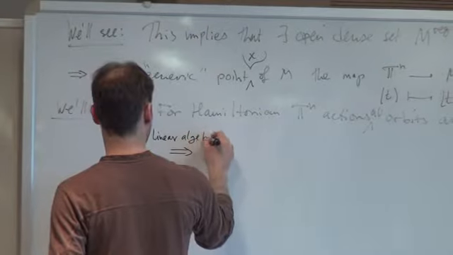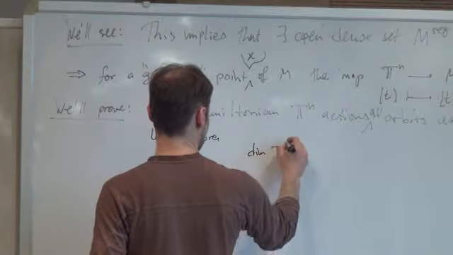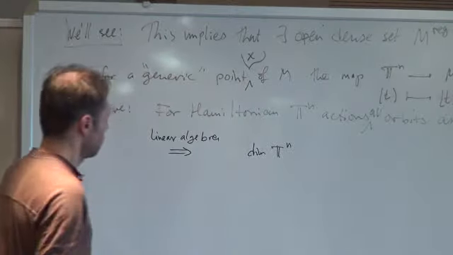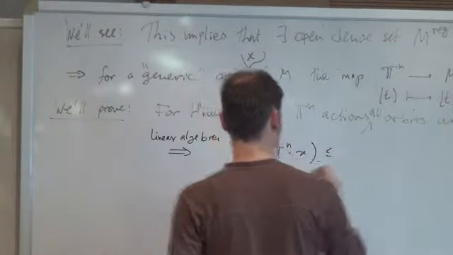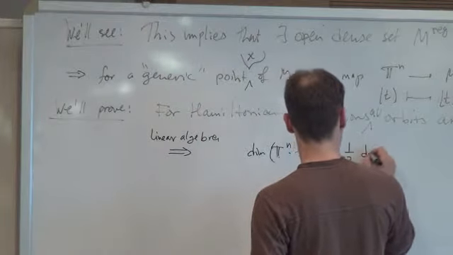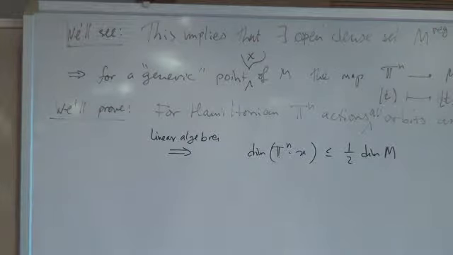But that, so linear algebra then tells you that the dimension of Tn dot x has to be less than or equal to 1/2 the dimension of M. Right? The dimension of isotropic spaces could not be too big.